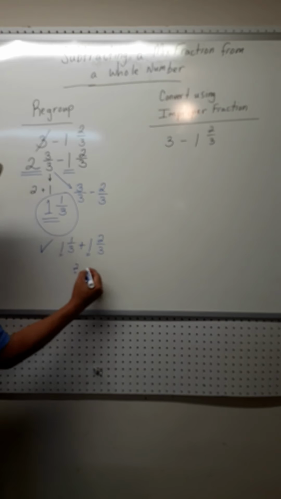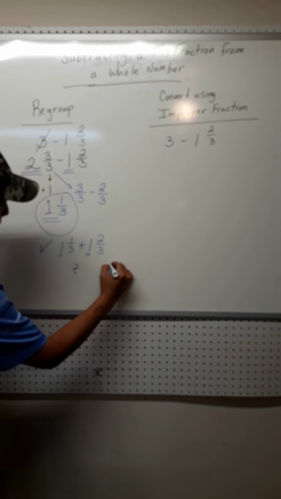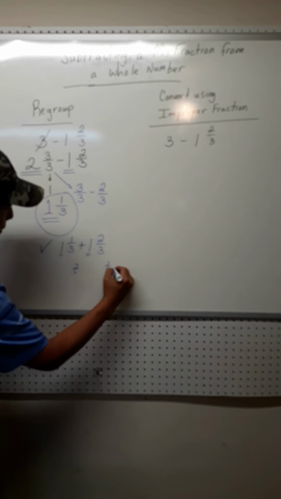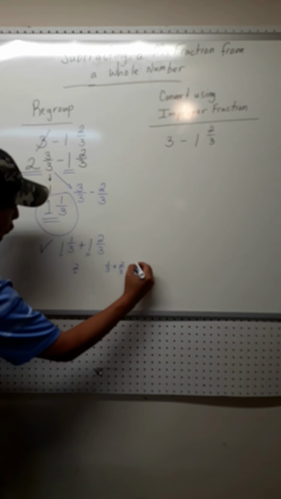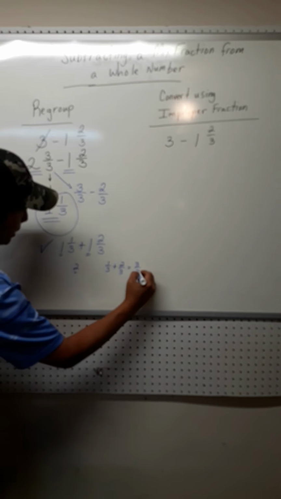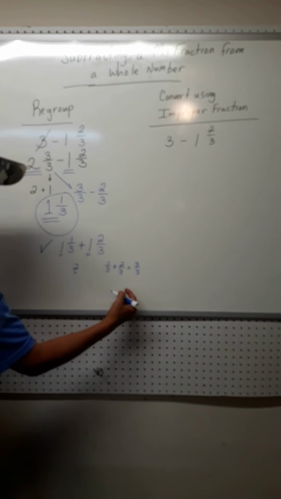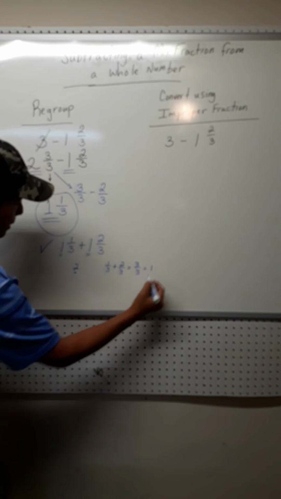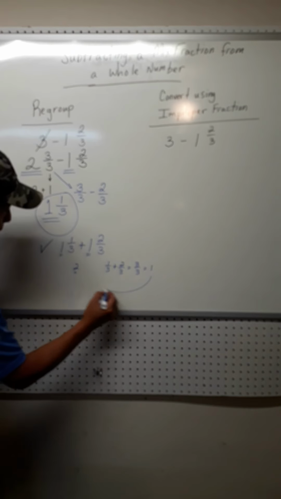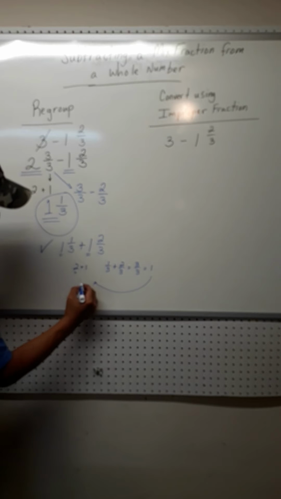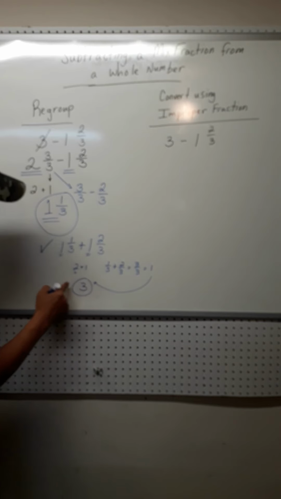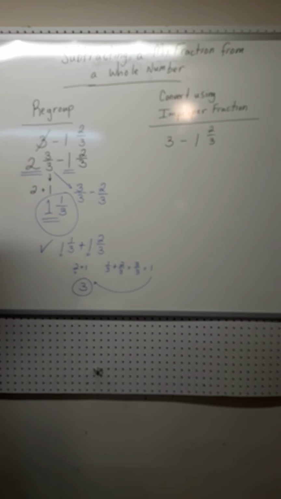And then I have, I'm going to put to the side, 1/3 plus 2/3, which is equal to 3/3, and 3/3 represents 1. So I have come back over here and add it, and therefore it still gives me 3, and that's what I started with.